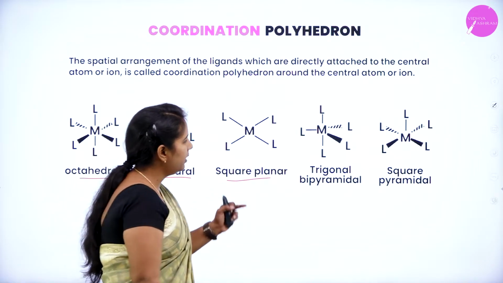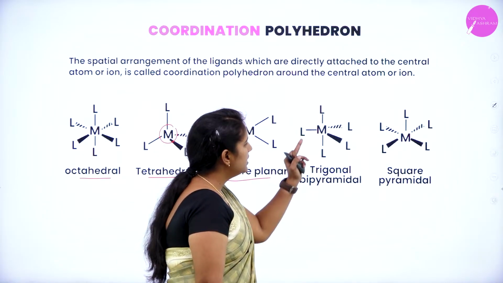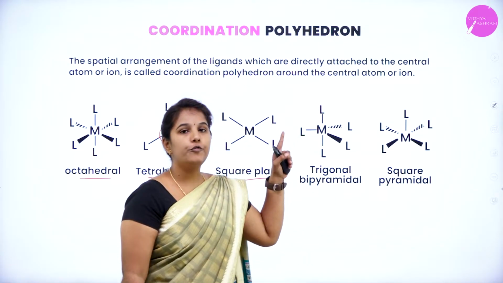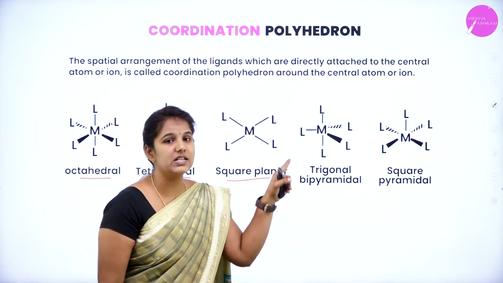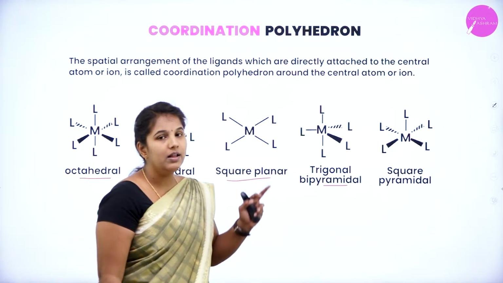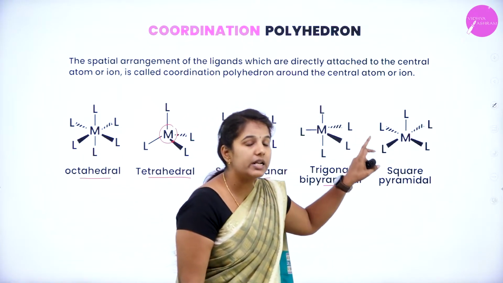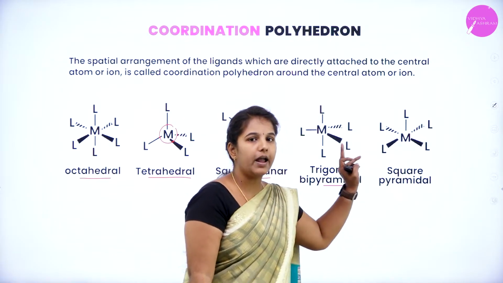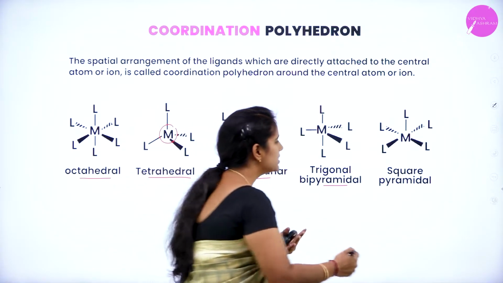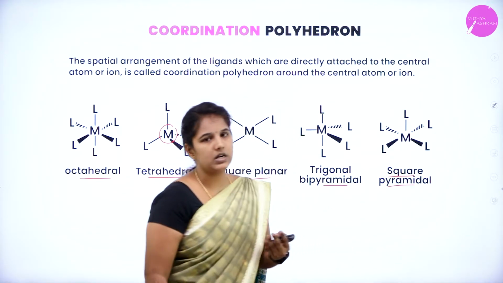Similarly, you can see that in this structure, the central metal atom is coordinated by 5 ligands. Hence, this structure will be trigonal bipyramidal. Similarly, the central metal atom is surrounded by 5 different coordinating ligands and it acquires the square pyramidal structure.